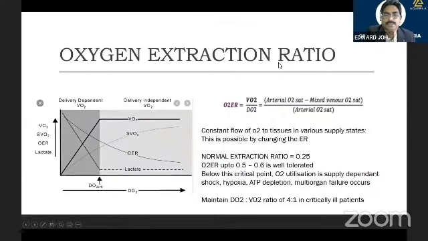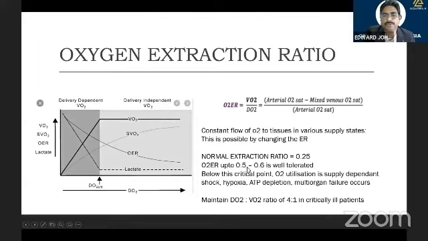Then coming to the oxygen extraction ratio, normally it is 0.25. In case of exercise, the extraction can go up to 0.5 to 0.6. Up to 0.5, extraction is independent of the delivery.